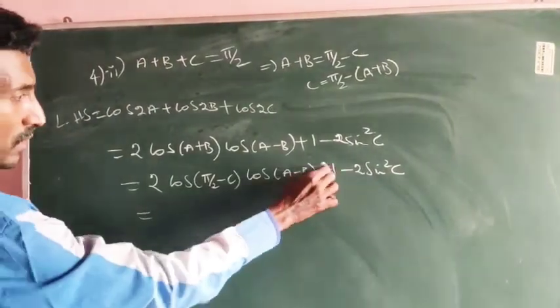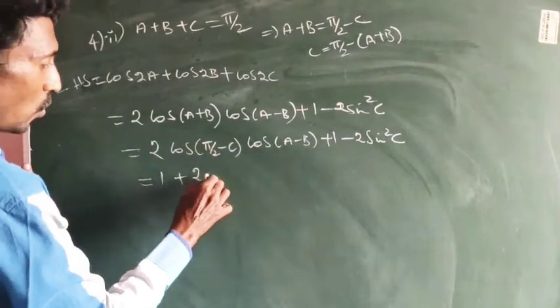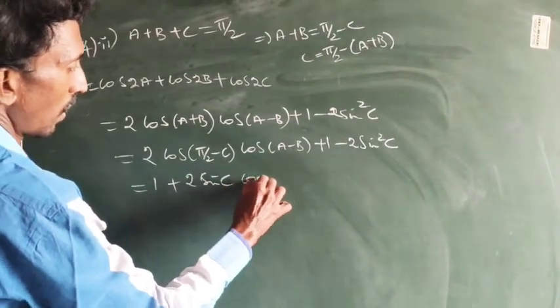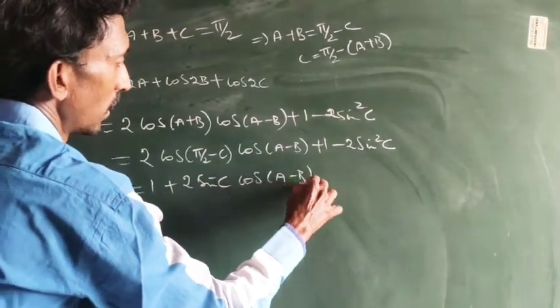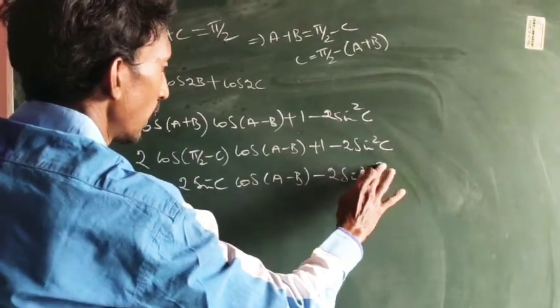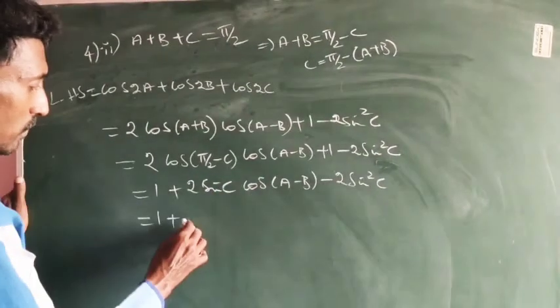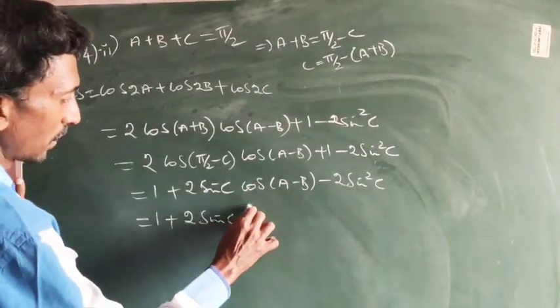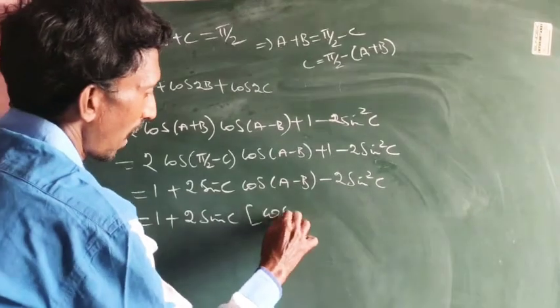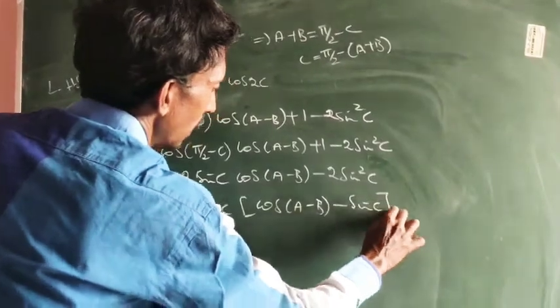Take this one separately: it is 2 sin c cos(a minus b) minus 2 sin square c. For these two terms, take 2 sin c in common, remaining cos(a minus b) minus sin c.